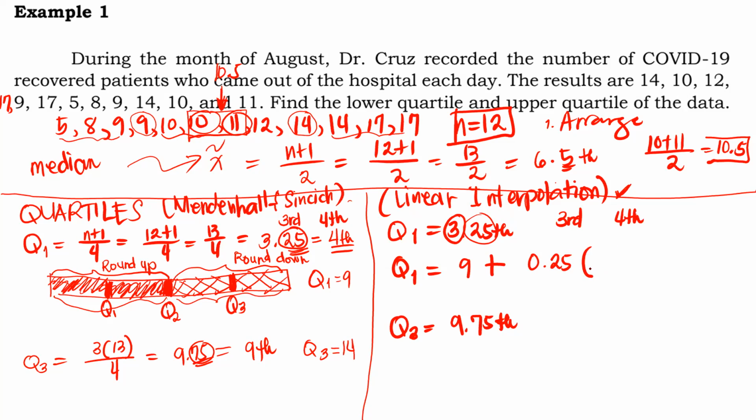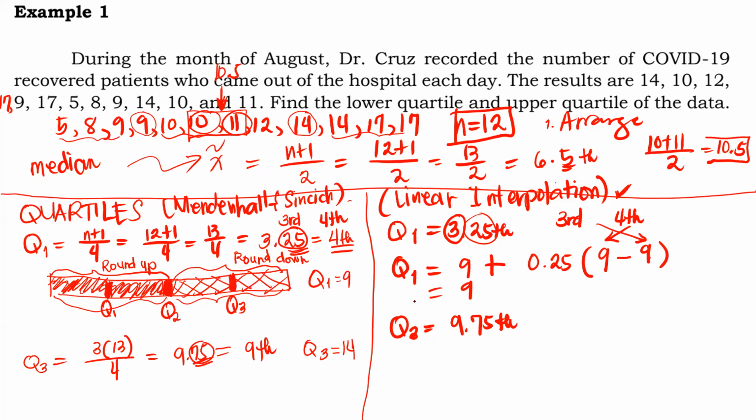What is our fourth data? It is also 9. It just so happens that our fourth data is 9 and our third data is also 9. Since multiplying the difference by 0.25 gives us 0, 9 plus 0 is 9.